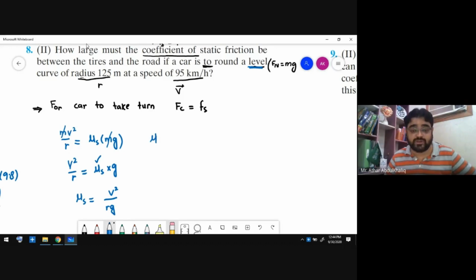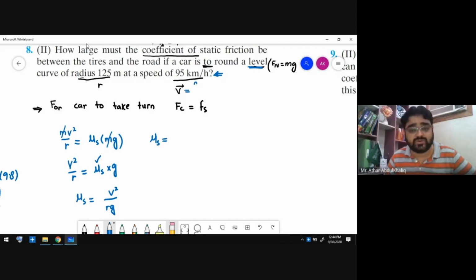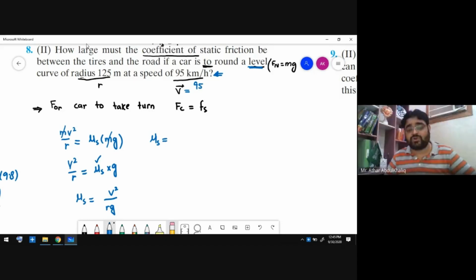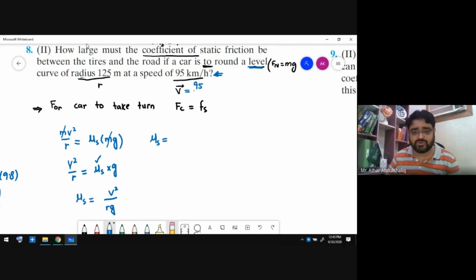But before that, there is one very big issue. This velocity is in kilometers per hour, so we need to convert it to meters per second. Do you remember how? It's 95,000 meters per hour, right? In meters per second, 95,000 divided by 3,600. Directly you can say 95 divided by 3.6.